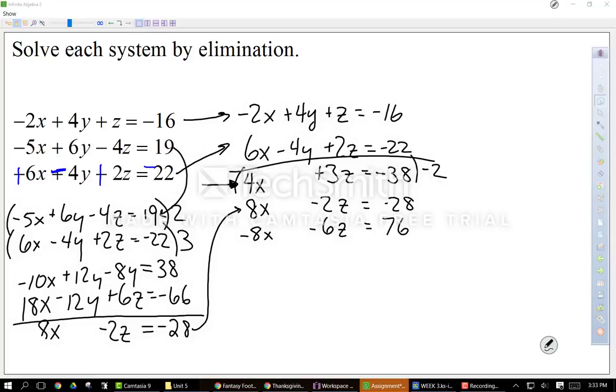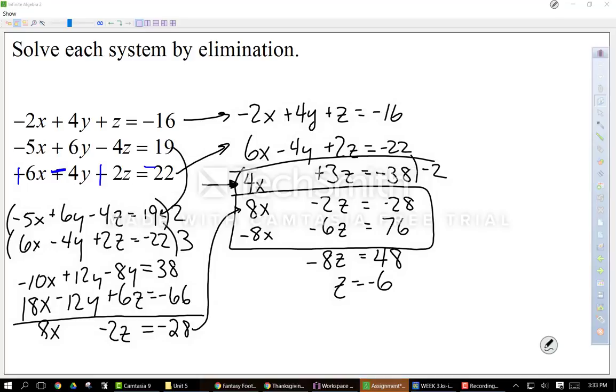You could have eliminated your z's by multiplying the top one by 2 and the bottom one by 3, but instead of multiplying two equations, I got rid of it by just multiplying one of them. So now I have these two equations here, and I'm going to add: negative 8z equals 48. So z equals negative 6.